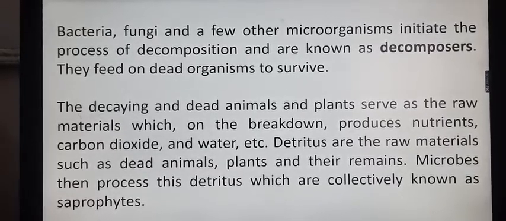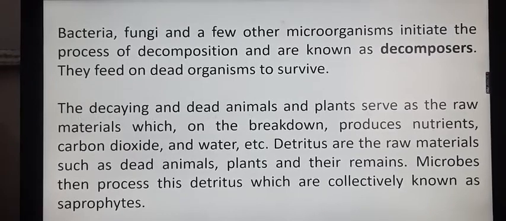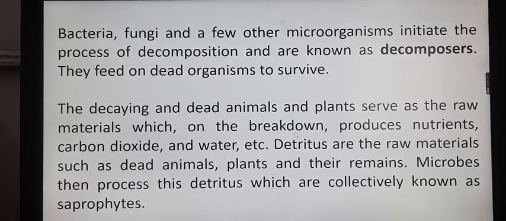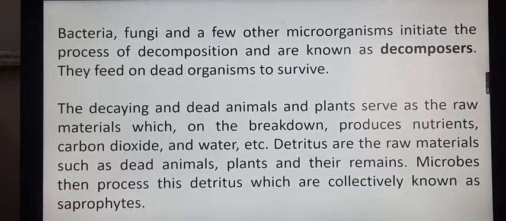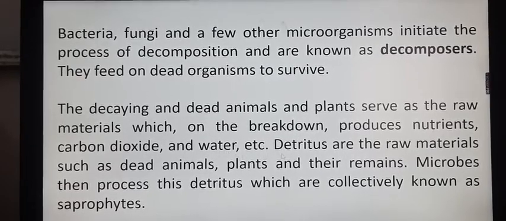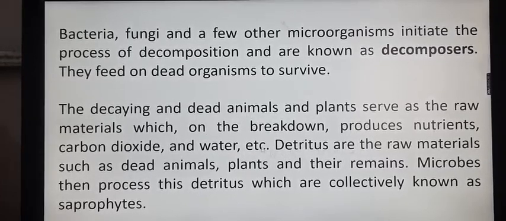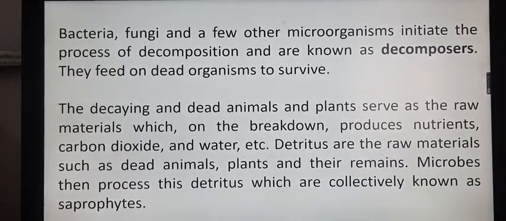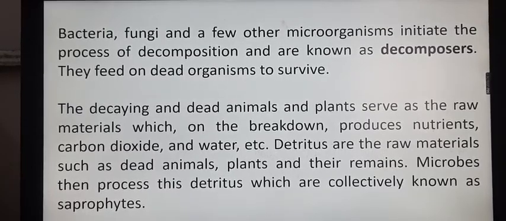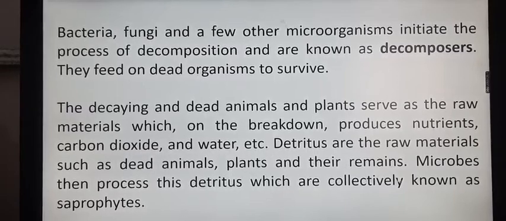The decaying dead animals and plants serve as the raw materials which, on breakdown, produce nutrients, carbon dioxide, water, and so on. This is called detritus. What is detritus? Detritus is the raw material such as dead animals, plants and their remains.